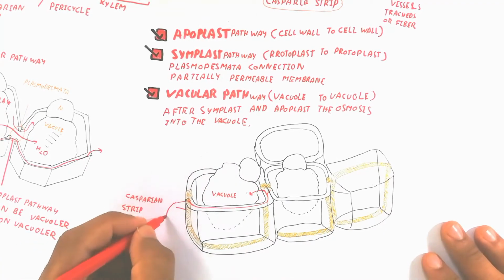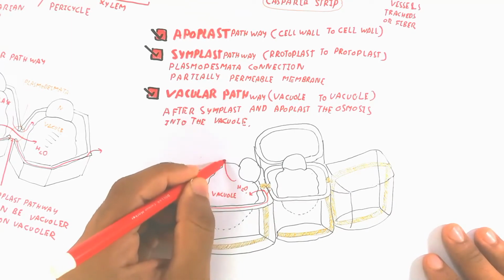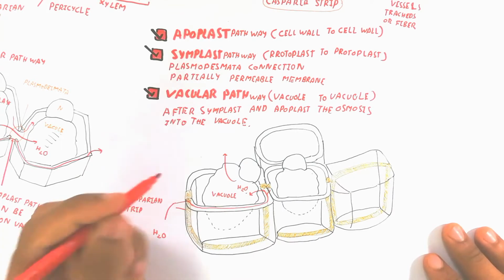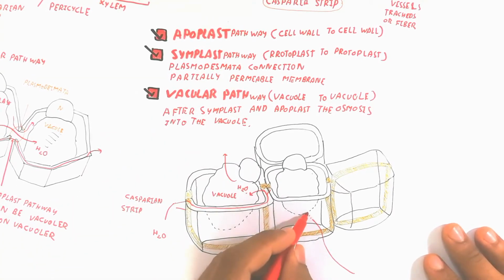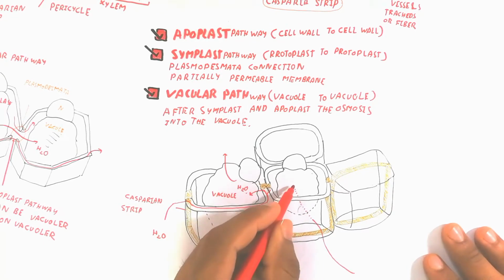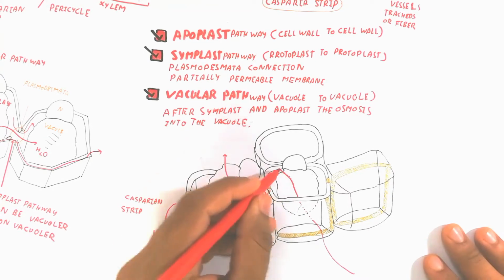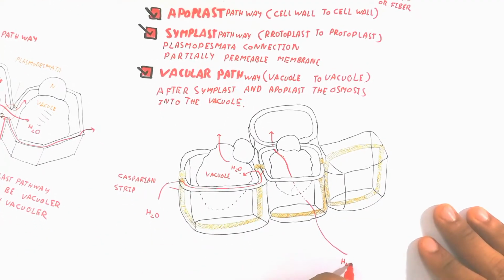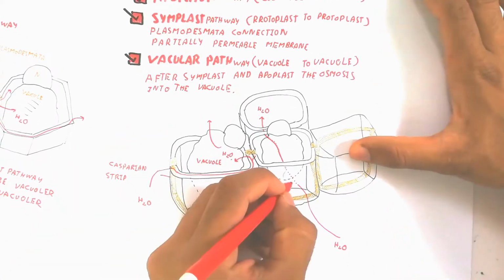So here the water goes via the apoplast pathway, then converts its direction and goes into the vacuole, known as the Symplast pathway, via a plasmodesmata here. Then it goes inside and into another cell. So the apoplast pathway is present here, but it's not chosen because the Casparian strip is present.